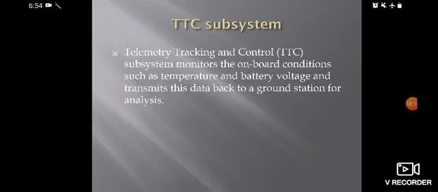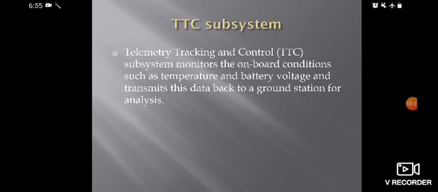Next, the telemetry tracking and control system, which shortly we can call the TTC subsystem. It is used to monitor the on-board conditions such as temperature and battery voltage, and it transmits this data back to the ground station for analysis.